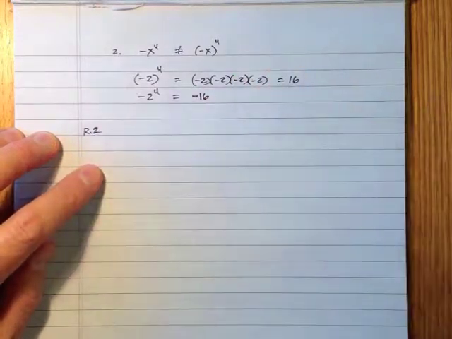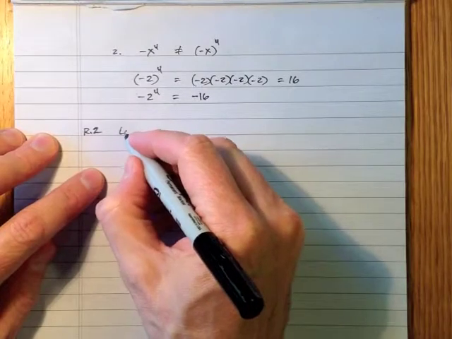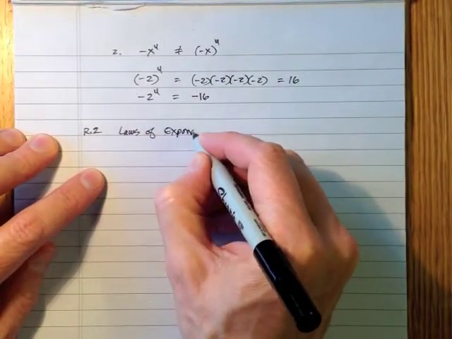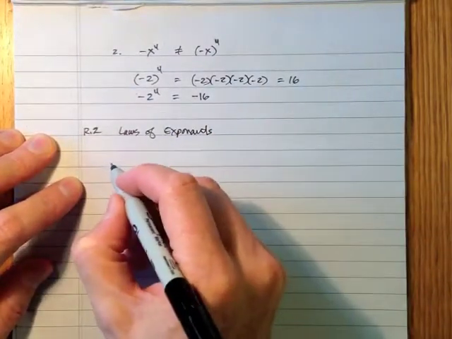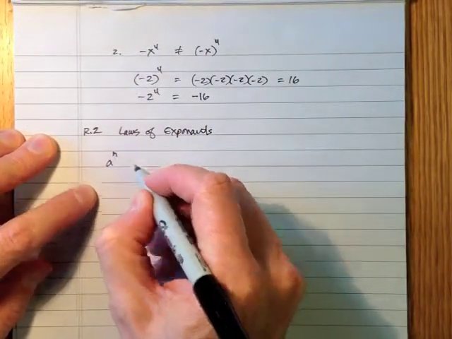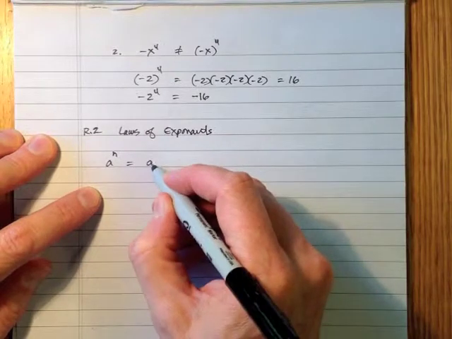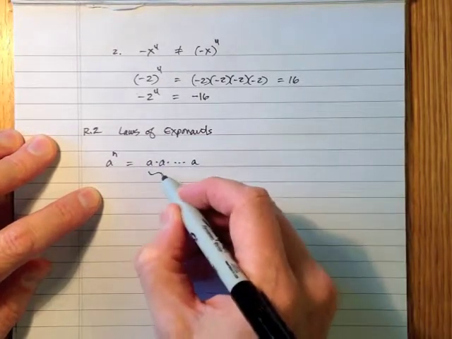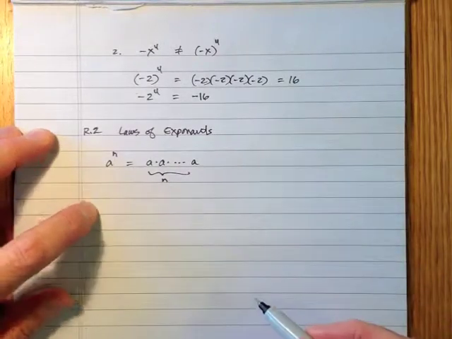In R2, let's talk for a second about the laws of exponents. So a to the n refers to the product of a bunch of copies of a, n copies of a.